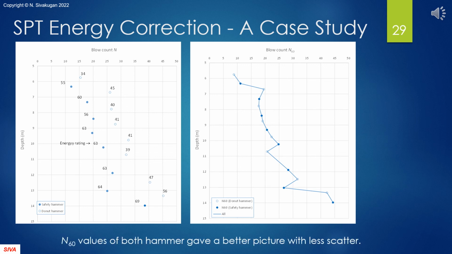These are real data to show that no matter what the hammer efficiency is, N60 values are the same at a specific depth.